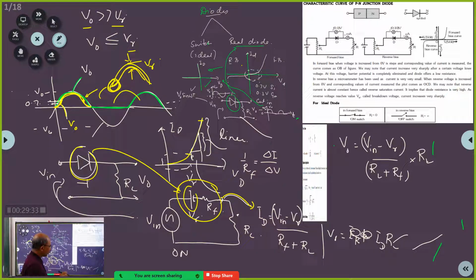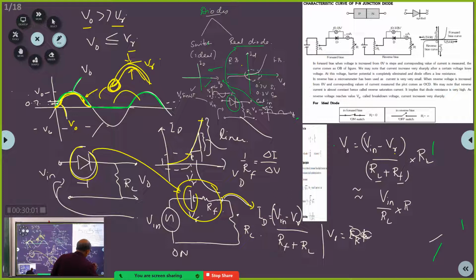Now you see, if V cut in is very small compared to V in, and if RL is very large compared to RF, then approximately you can write it as RL into RL.